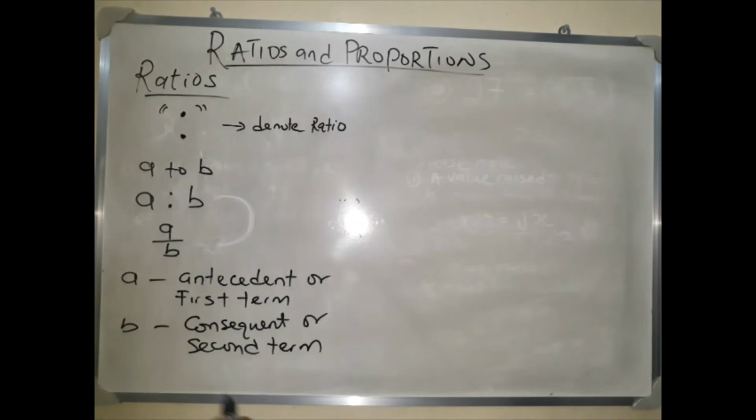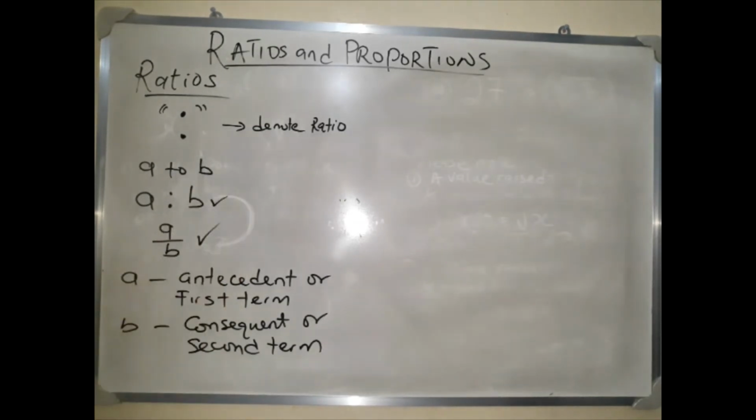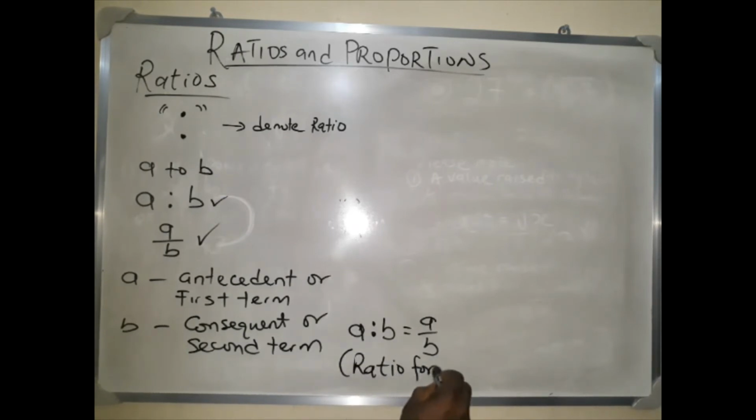The formula of the ratio is simply A ratio B is equal to A all over B. You can call this the ratio formula. This is what we use when we have to find the ratio of a given quantity or numbers.